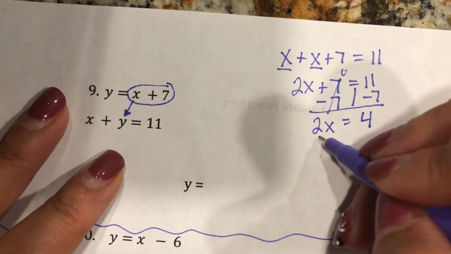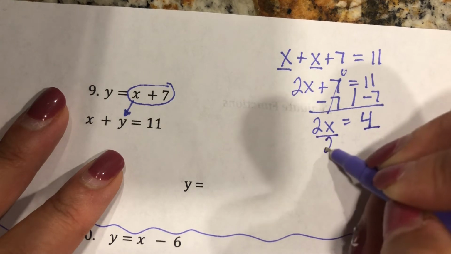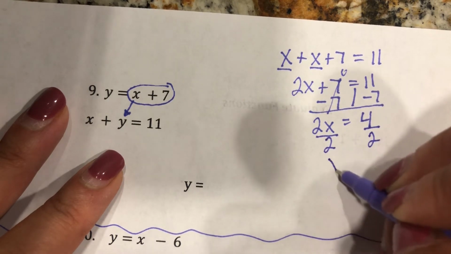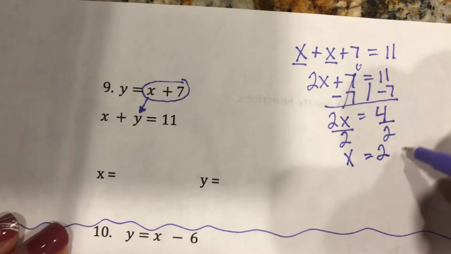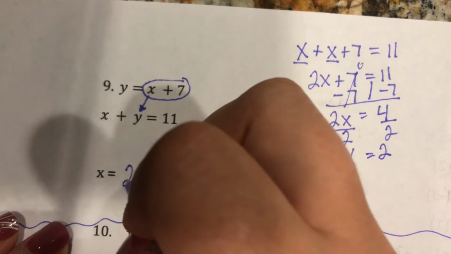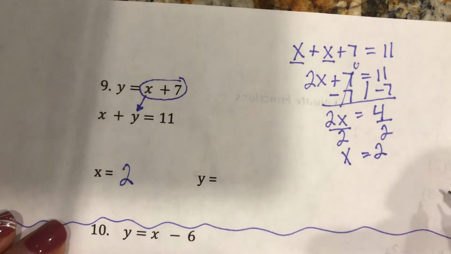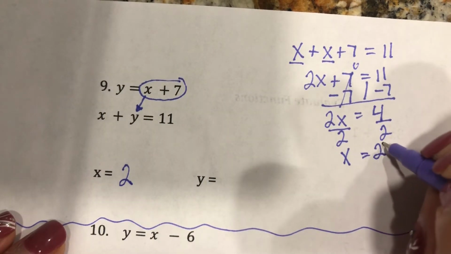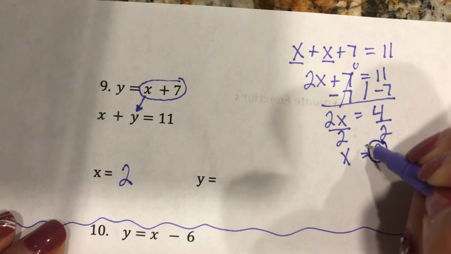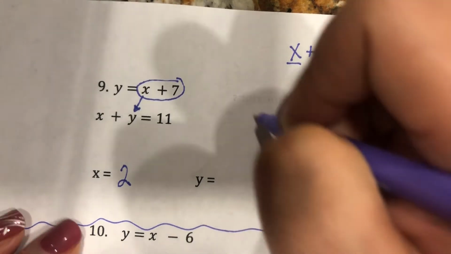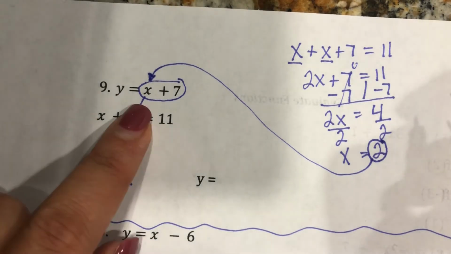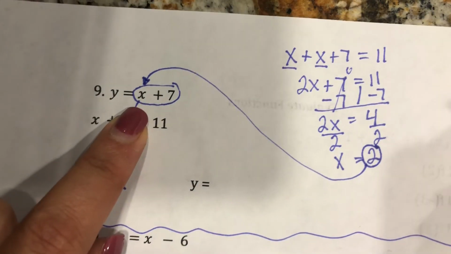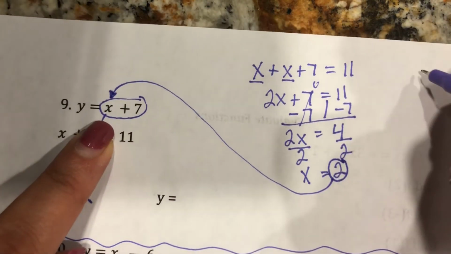Still need to get rid of that 2, so I'm going to divide both of these by 2. And I get x equals 2. So I'm going to put it right here because that's part of our answer. Now, since I already solved for x, I'm going to take this 2 and plug it into our original equation.